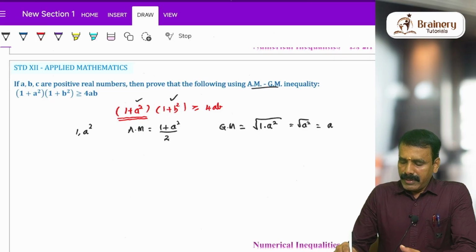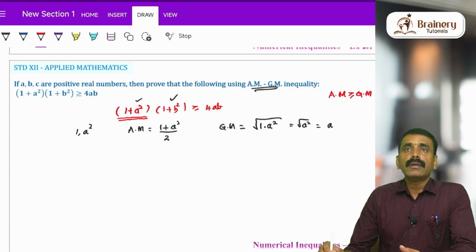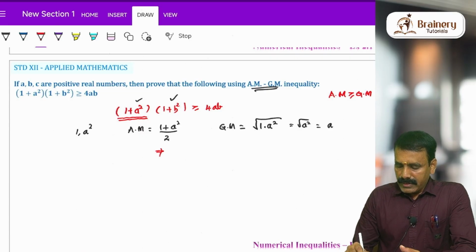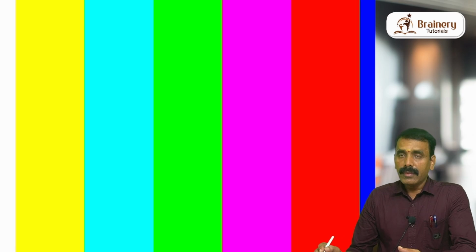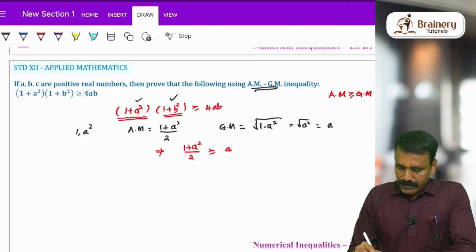So by AM-GM inequality, AM is greater than or equal to GM. So we apply this inequality. We get 1 plus A square by 2 greater than or equal to A. And for the second one, I am going to apply the values.